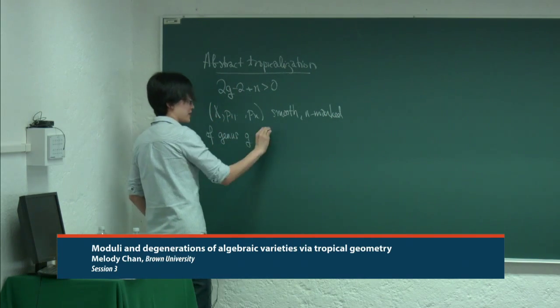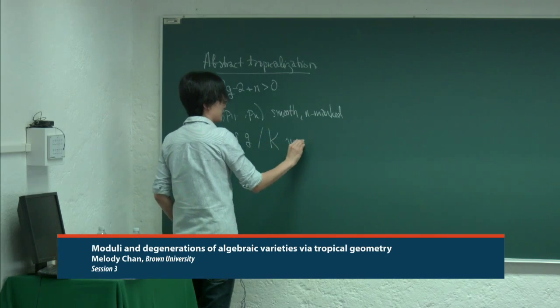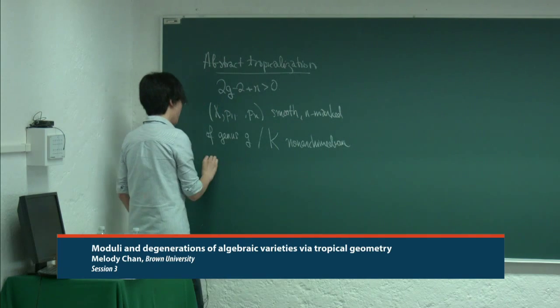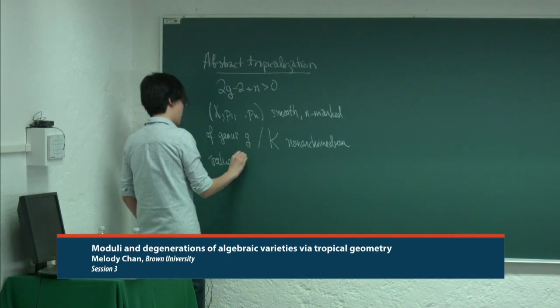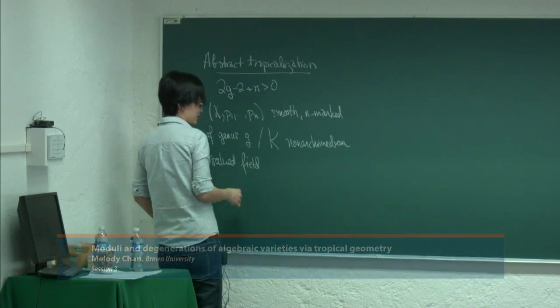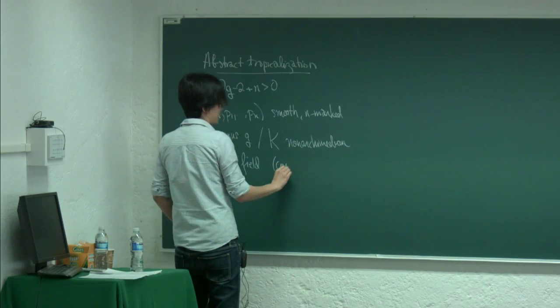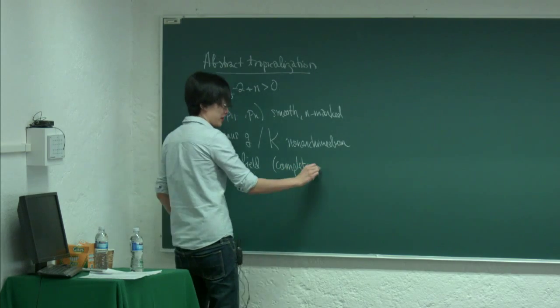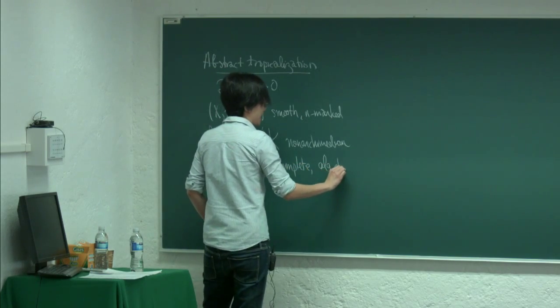And this is all over a non-Archimedean valued field, which I will just assume is complete and algebraically closed. So it's complete with respect to its non-Archimedean norm, and it's algebraically closed.